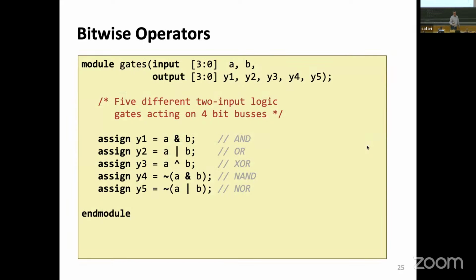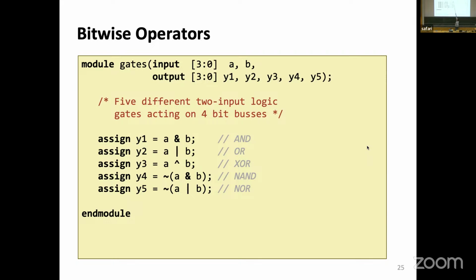Okay, so let's agree on very simple things. We can assign outputs, or we can assign signals from each other or a combination of each other, by the simple assign statement. It makes a connection. It says Y1 will be the result of this operation, and in this case, this is our AND operation.